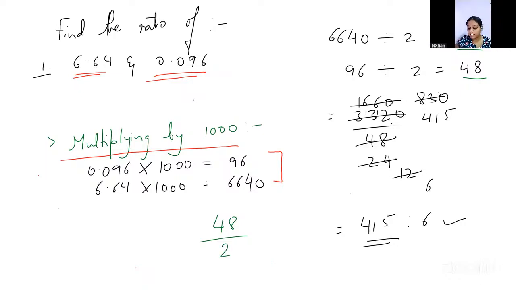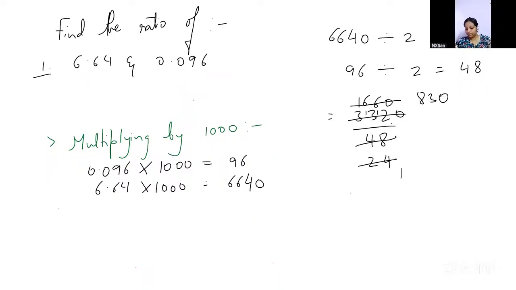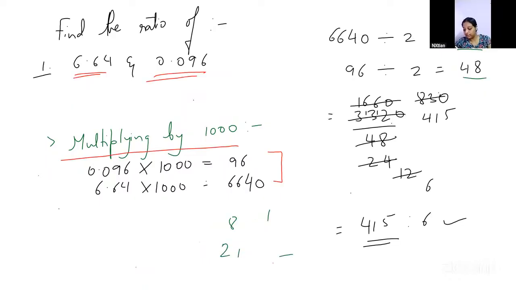So how will I cancel? 2 ones are 2, 2 twos are 4, and 2 fours are 8, equals 24. So that is what we did, canceling up and down here till we found out 415 is to 6. Abraham understood now.